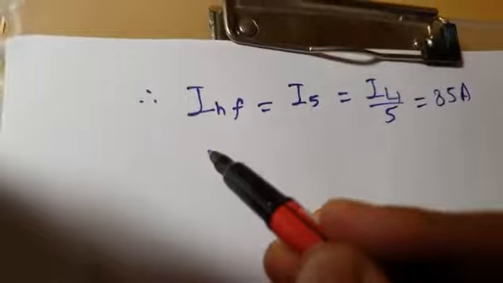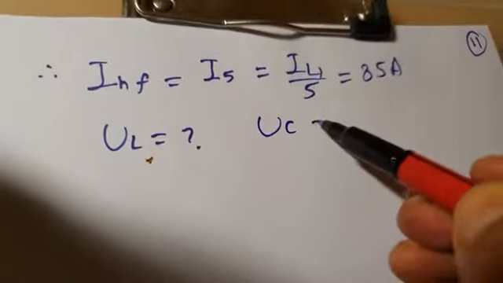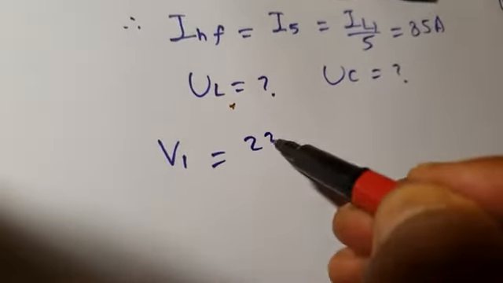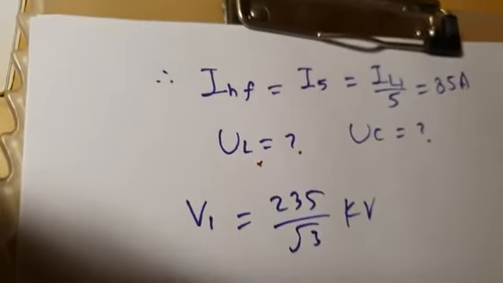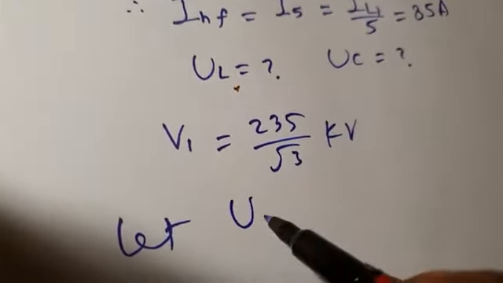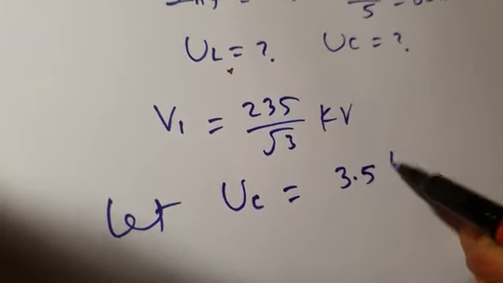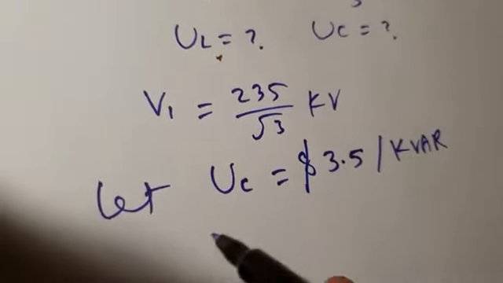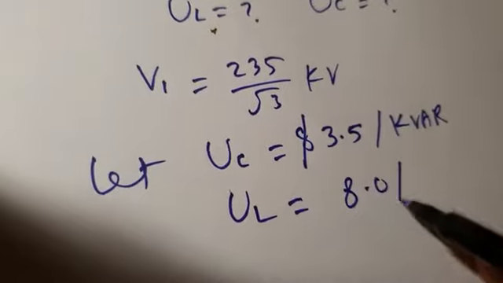Now I want to find UL, the cost of filter inductor, and the cost of capacitor per dollar. My V1 is equal to 235 by root 3 kV. It is given in the problem that UC, the cost of the filter capacitor, is $3.5 per kilowatt, and the cost of the filter inductor is $8.0 per kilowatt.